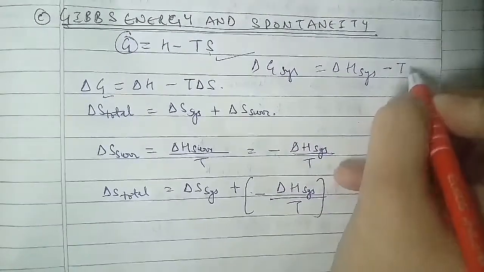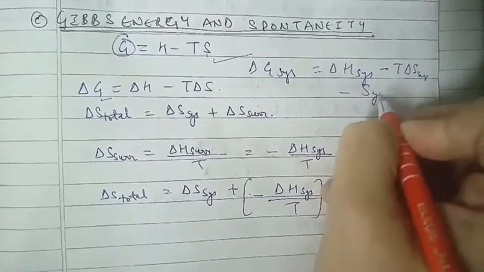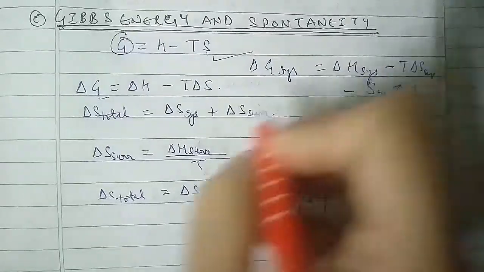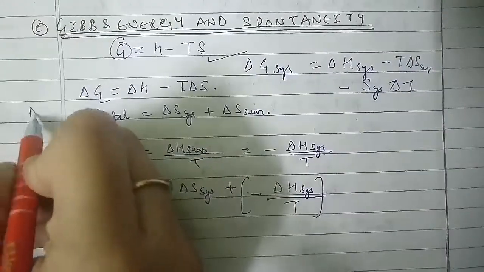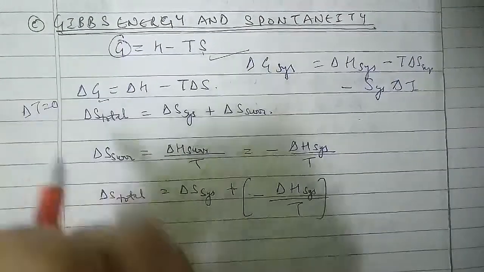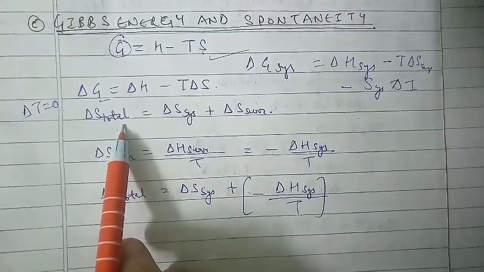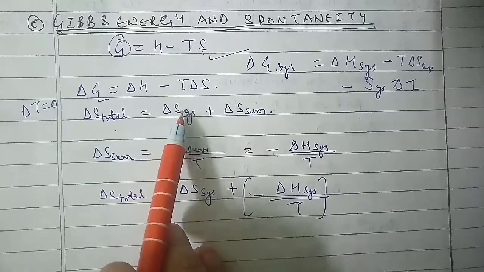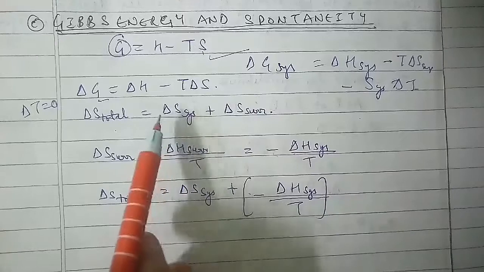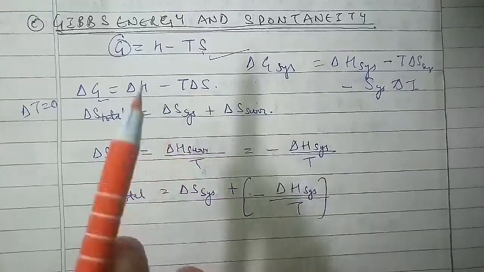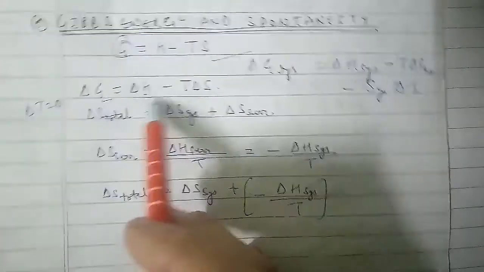Rearranging this equation, we get T delta S total equals T delta S system minus delta H system. For a spontaneous reaction, delta S total is greater than 0, so T delta S system minus delta H system is greater than 0, that is, minus delta H system plus T delta S system is greater than 0.